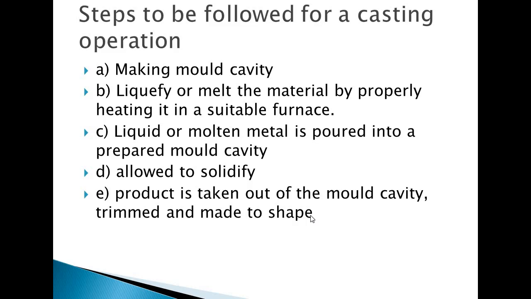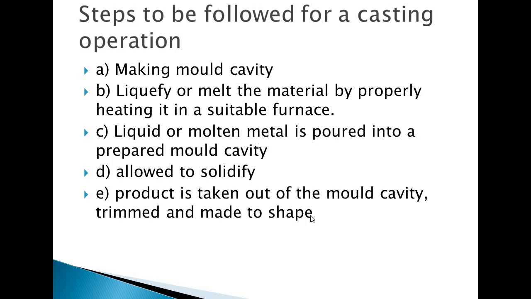So we require to wait. The molten metal we have poured inside the cavity requires some time, depending on the melting temperature of that material, to solidify. Till then we wait. Allowing it to solidify is the next step of this process.